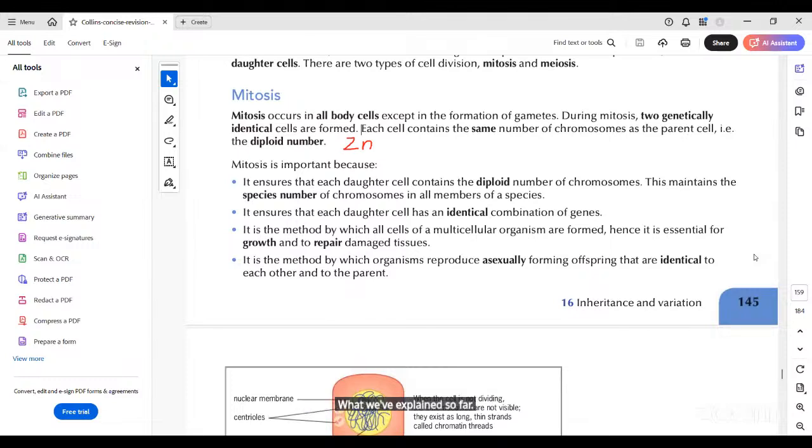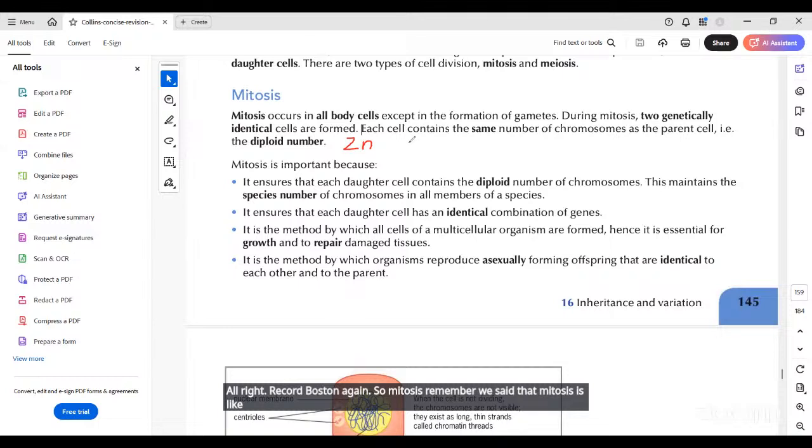Sir, not really. All right, we could go again. So mitosis. Remember we said that mitosis is like cloning. Let me see how I can put it in a good way.